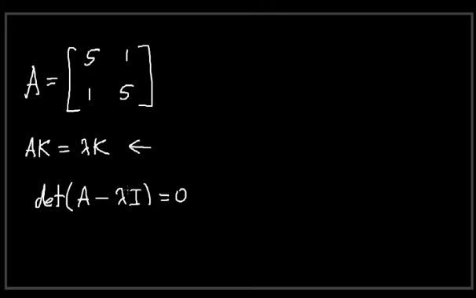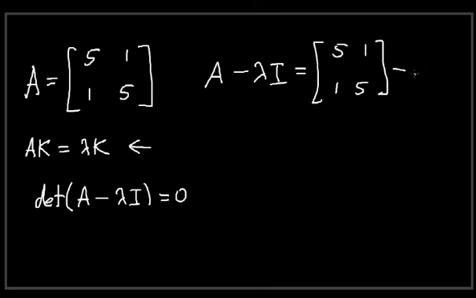Okay, so what is the matrix A minus lambda I when A is the given matrix? That's A, and then we subtract lambda times I, the identity matrix, which is 1, 0, 0, 1.